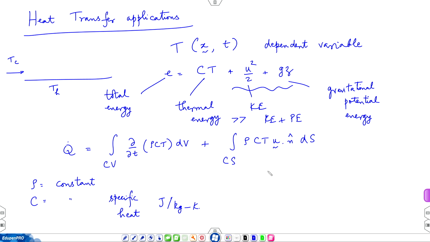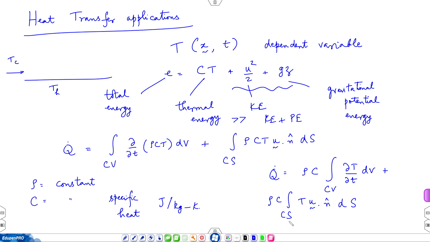then Q dot will be equal to rho C integral over C V, the time derivative, plus the surface integral d s. Okay. Now, the surface integral you can convert into a volume integral.